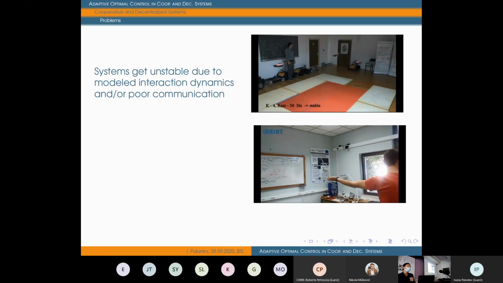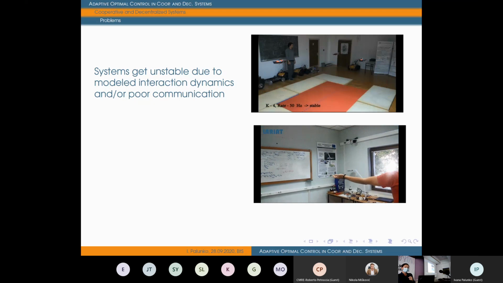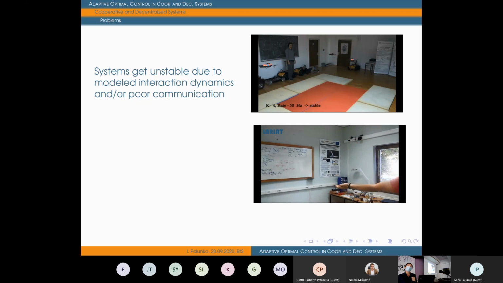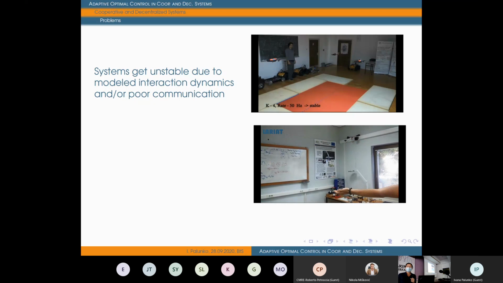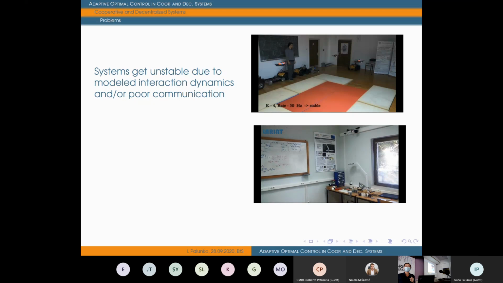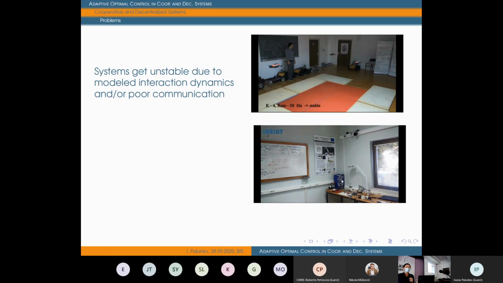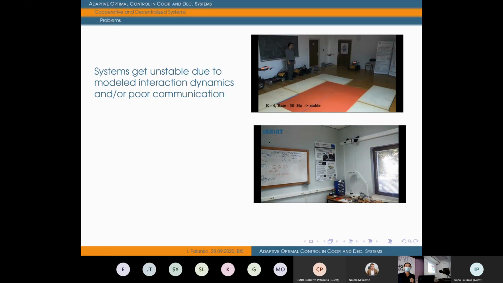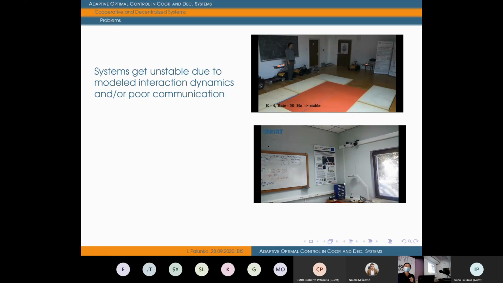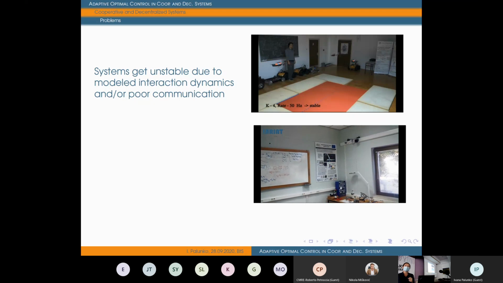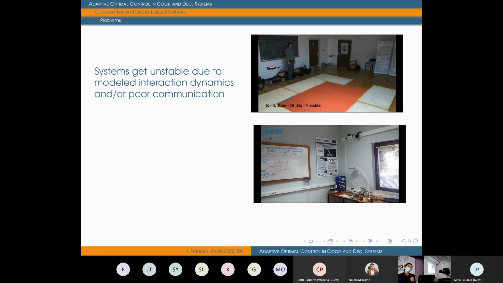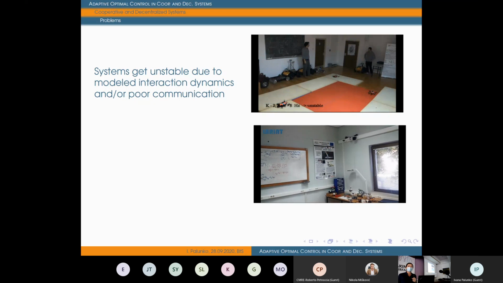What can happen, for example, this was done back in 2015, where we demonstrated that if you have a classical multi-agent system with homogeneous, so basically you have 3 quadcopters and a stable controller, where everything is proved and everything is perfect, just decreasing the communication channel frequency can destabilize the system.